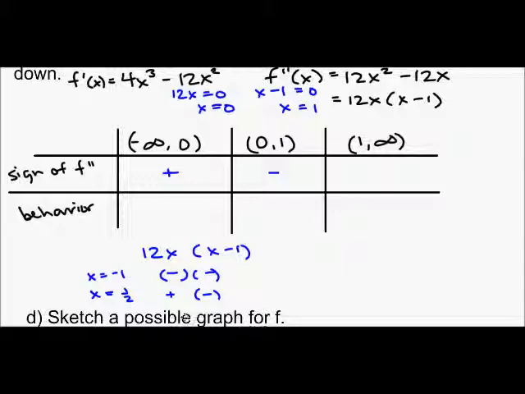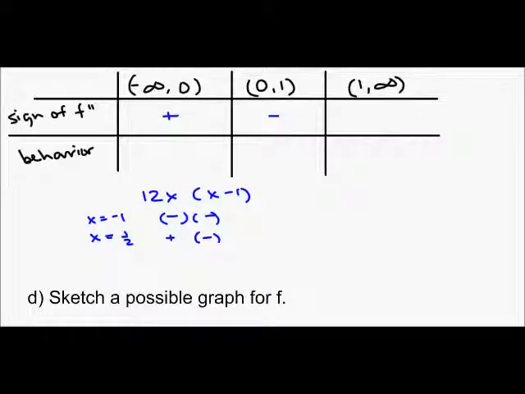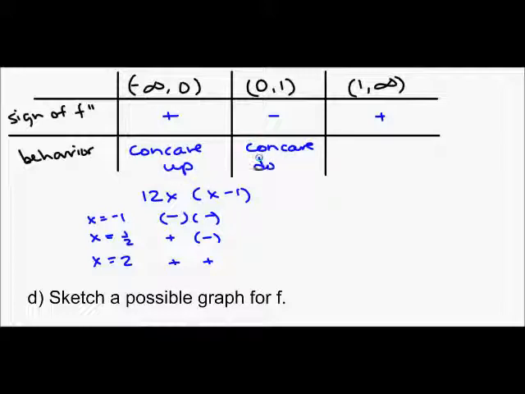And last, if I plug in, I don't know, a 2, so for my last interval, I have positive on the outside and positive on the inside, so that's a plus. So this is concave up, concave down, concave up. Okay.